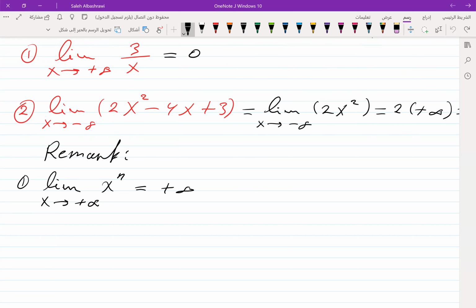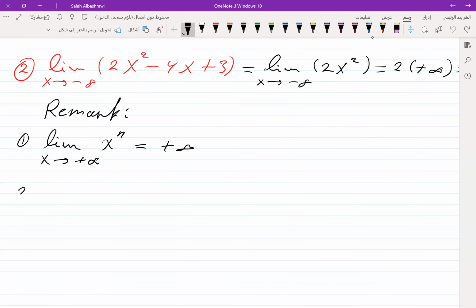Number two, limit of x to power n, where x goes to minus infinity. In this case, I will have two cases. Either it will be plus infinity if n is an even number.